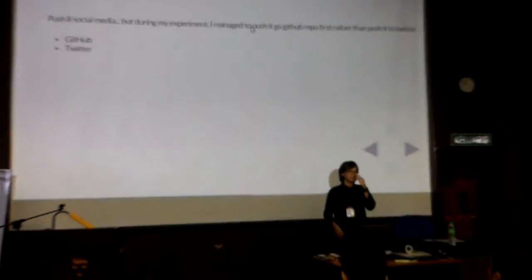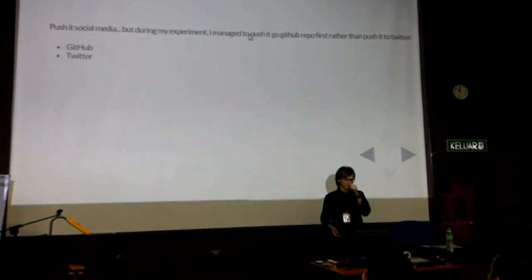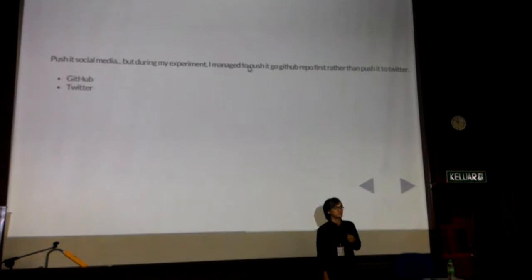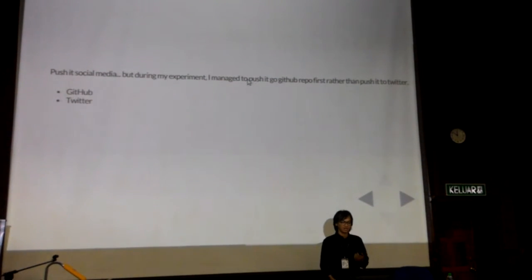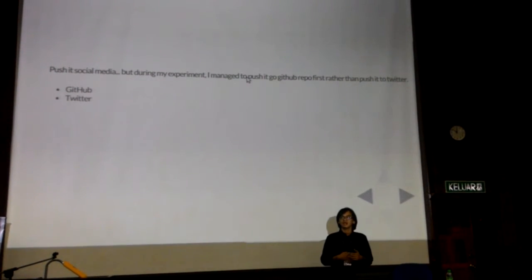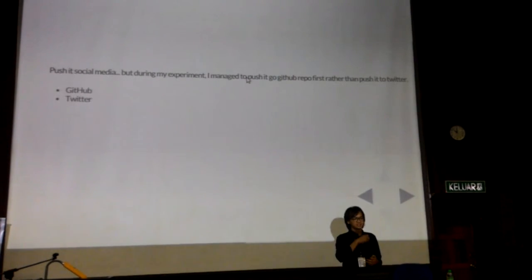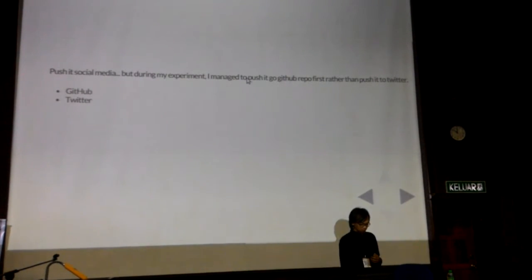What if you don't want to do that, and instead you may try to just push it to social media? At first I was trying to push it to Twitter, but in the experiment I managed to push it to GitHub first, because Twitter updated its API.